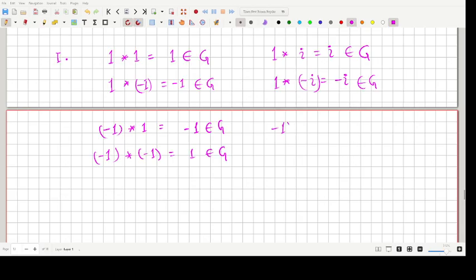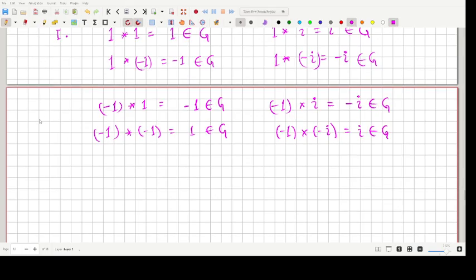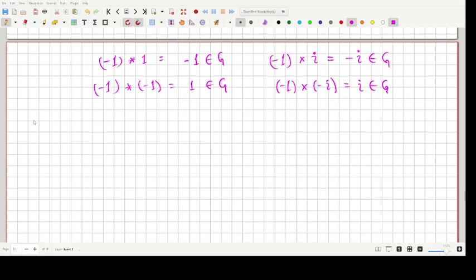So -1 multiplied by i is going to be equal to -i. That belongs to G again, and -1 multiplied by -i is equal to i, that belongs to G. Perfect. We are halfway through in proving that the set is closed under the operation.